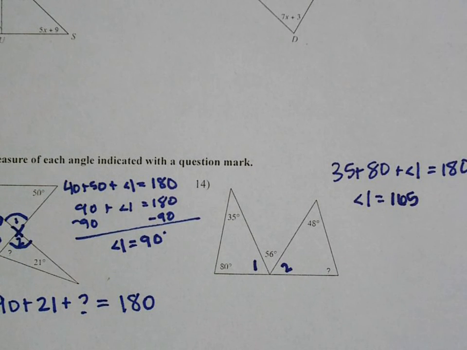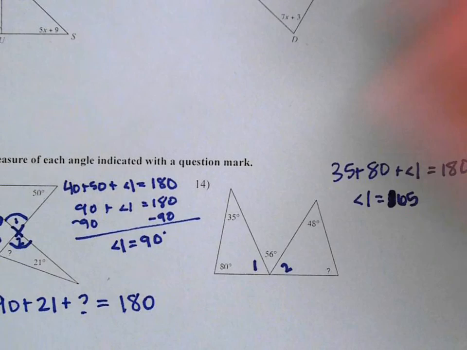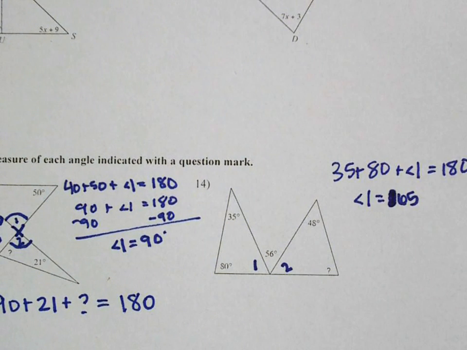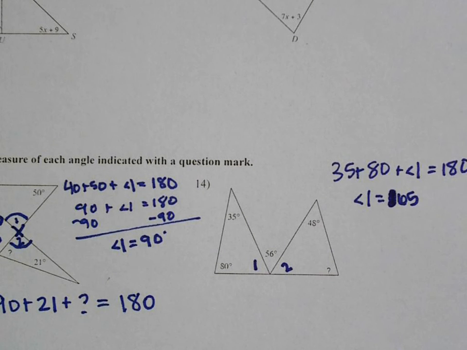Oh, I did that wrong. Sorry, just 65. Okay, so 80 plus 35 is 115. And so when you take 180, you subtract 115 on this side, subtract 115 on that side, and then that gives you 65. So angle 1 is 65.